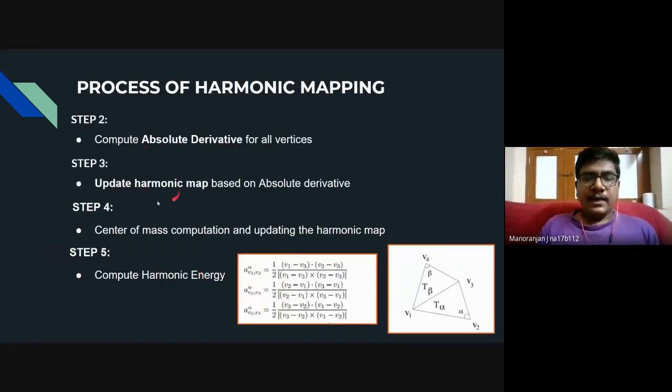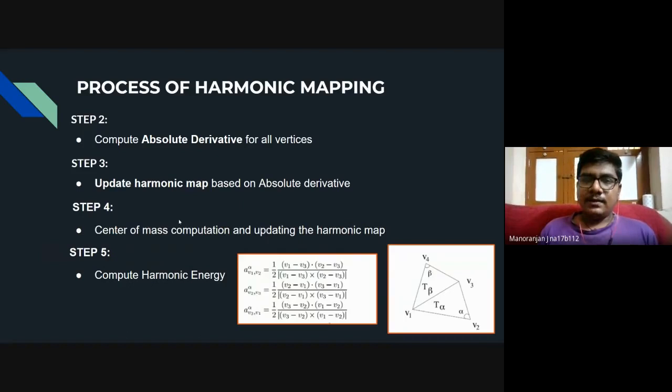After we have updated the harmonic map based on the absolute derivative, we compute the center of mass of the corresponding harmonic map in that iteration, and we update the harmonic map based on that center of mass. Center of mass is nothing but that we'll be computing the areas of the panels now, and we'll make sure that the center of mass lies in the center.